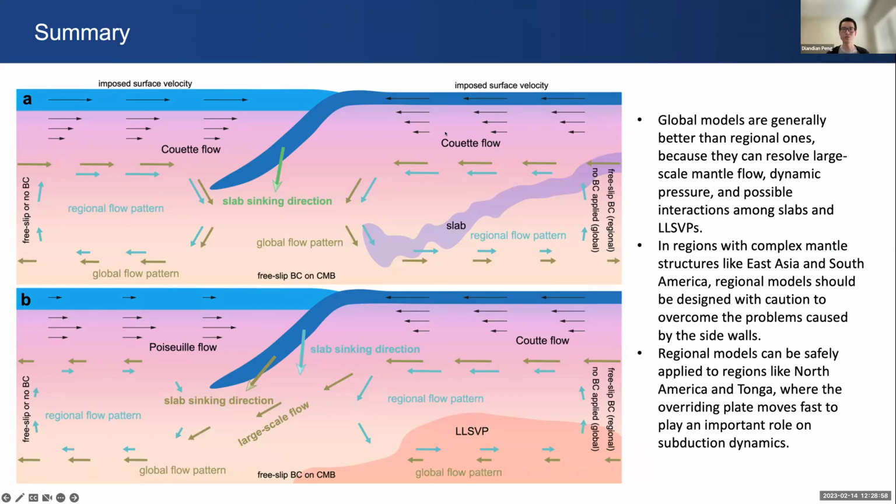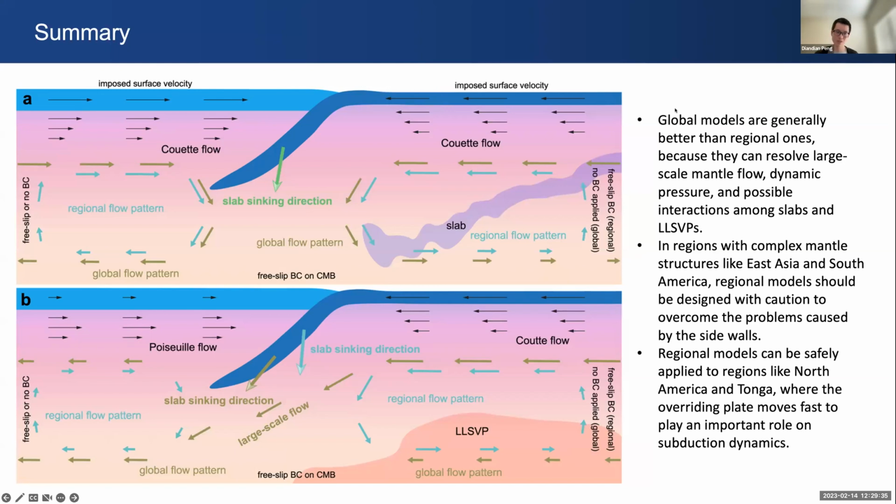So in the regional model, the interaction between slabs and the LLSVPs cannot be modeled as naturally generated as in the global model. So the regional model for South America, because it doesn't contain the Farallon slab, the result is very different from that in the global model, and it doesn't match tomography.